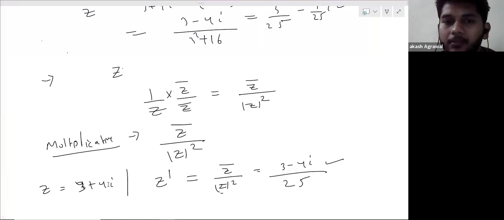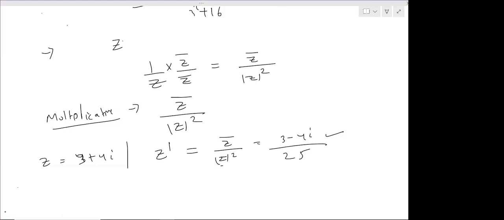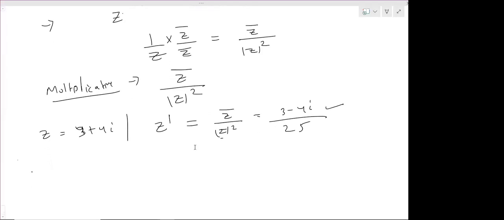Yasir, Afnan. Please note it down, tell me when, then solve a few questions. Find the multiplicative inverse of z equals 3 plus 2i.